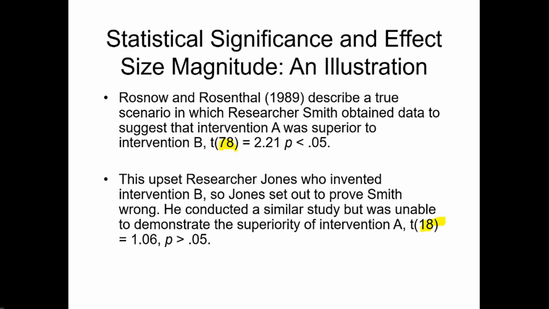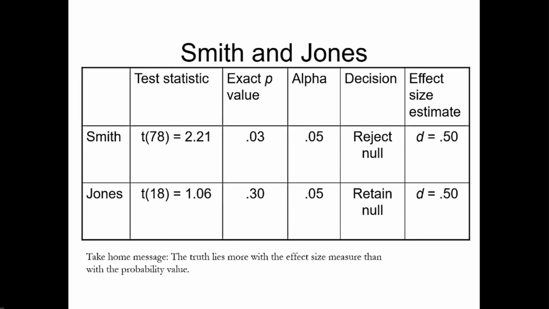In this first study, there's 80 people. In the second, there's 20. And the reason they didn't find clinical or statistical significance is because this sample is just much smaller. This one is a bit bigger. So this one they found a significant difference, this one they didn't. But when we look at it, they have the exact same Cohen's d.